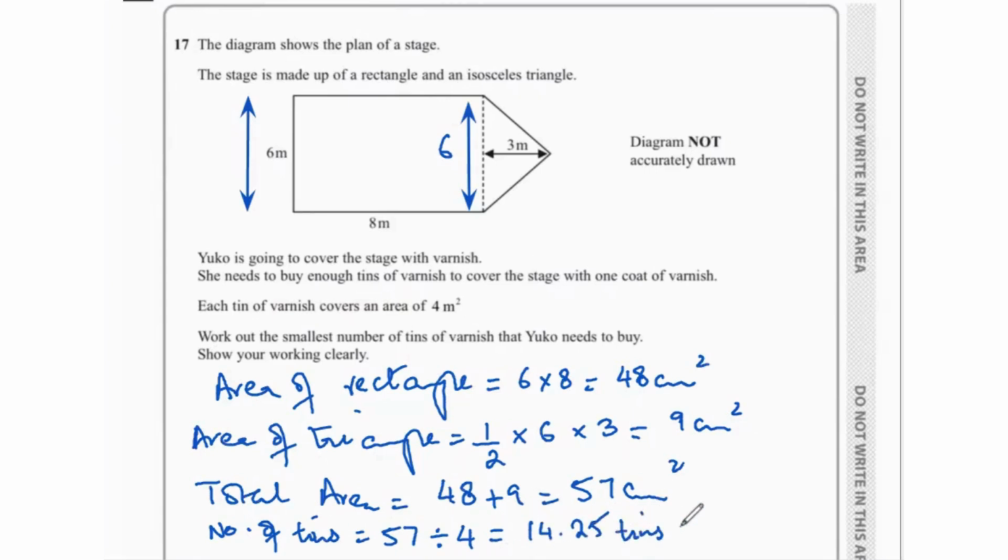Now, obviously, you can't get the tins in decimals, so the smallest number would be 15 tins. We can't buy 14 tins because that would not cover the entire stage. So the smallest possible value turns out to be 15, not 14. Remember, you cannot round down because 14 tins will not completely cover it. So we need it to be 15.